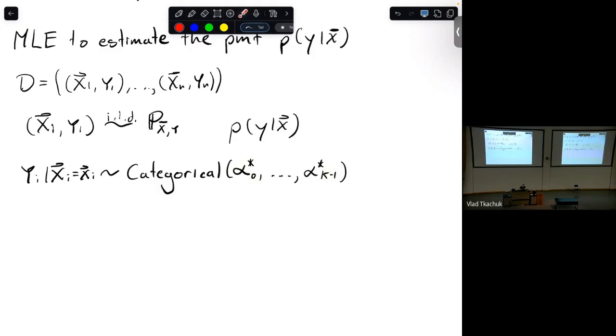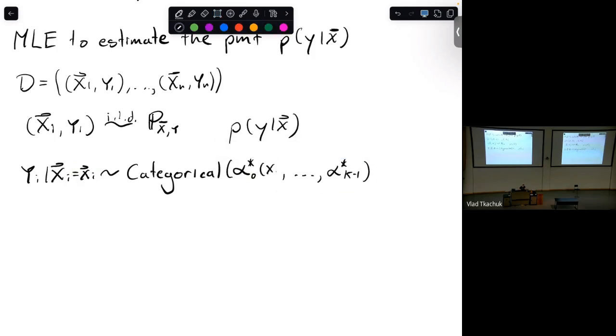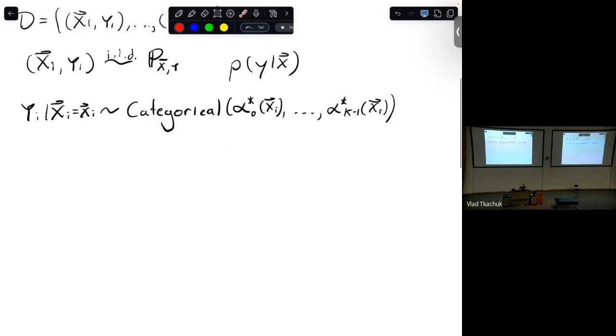And of course, this should be different if you have a different input. If it's a different picture, the probability you predict each of these classes should change. So these parameters should be a function of x.